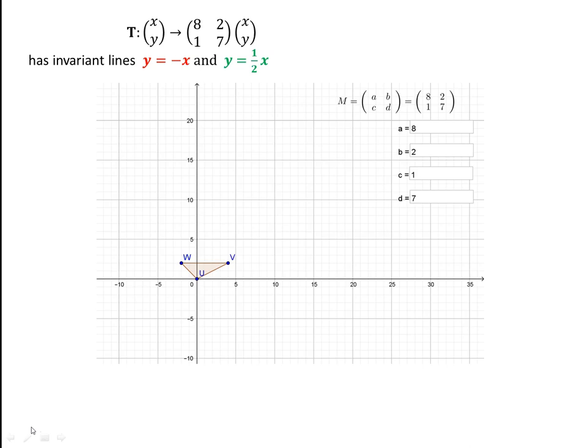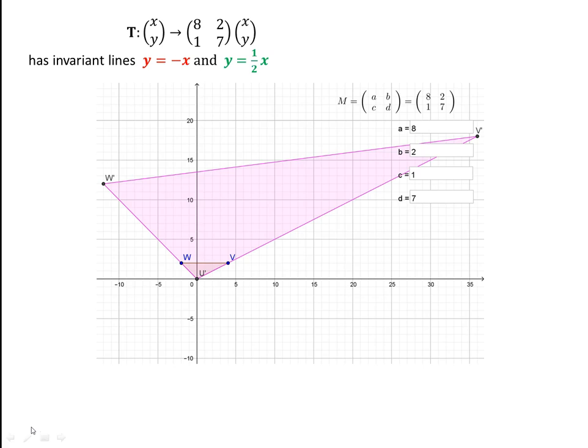So when we see what the transformation does to triangle UVW, we obtain this large purple triangle. You can see that point U dash is still the same as the point U, the origin, but the line UV has now become the line U dash V dash.